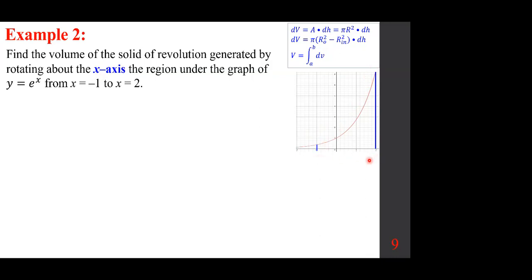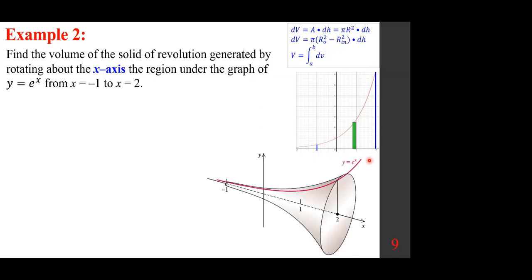Okay. So I hope you realize that this is a typical vertical strip we need. And if we do the revolving, it looks like this, class. So let's go back here. dv is pi r squared dh.